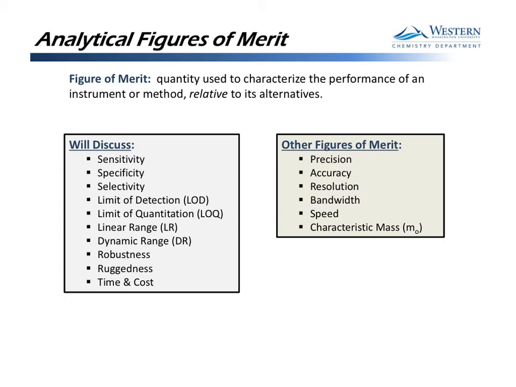In this part we're going to discuss sensitivity, specificity, selectivity, LOD, LOQ, linear range, dynamic range, robustness, ruggedness, and time cost, and all the figures of merit including precision, accuracy, resolution, bandwidth, speed, and characteristic mass, M0.